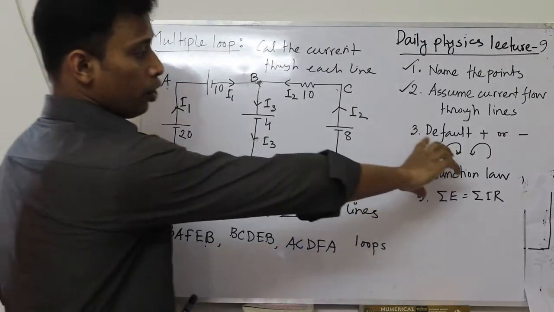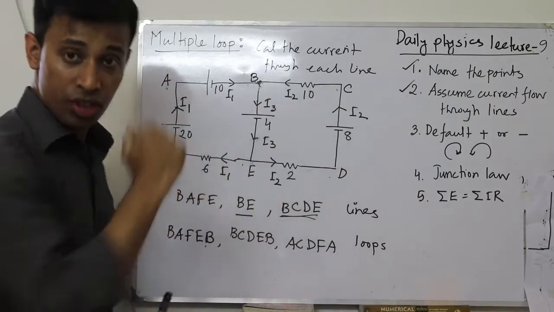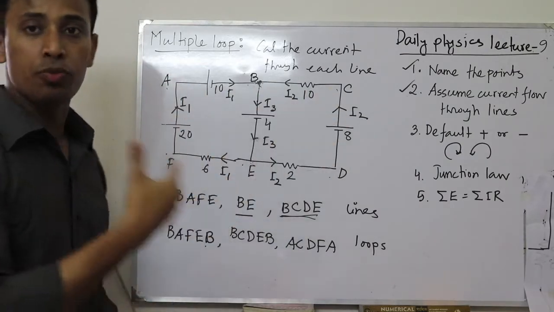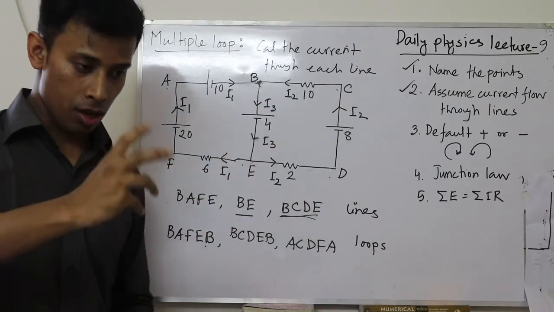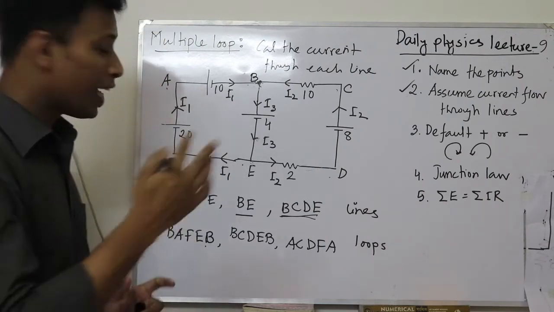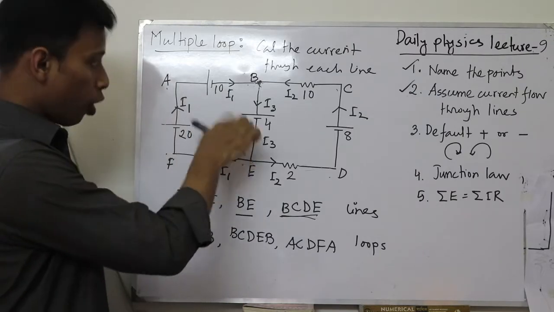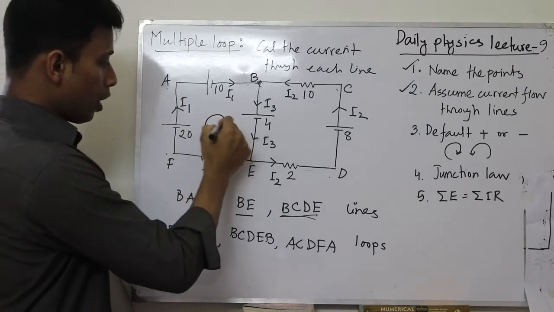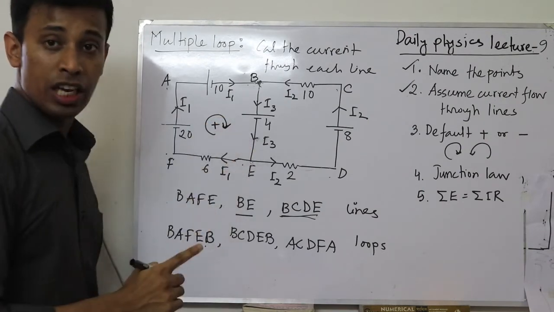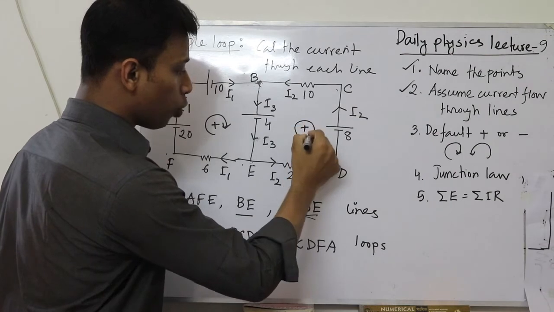So here, default positive, we have these 2 loops and this whole 3rd loop. So let's assume a direction as positive, either clockwise or anti-clockwise. Let's assume clockwise is positive. In this small loop, I assume clockwise as positive, and for this loop I also assume clockwise as positive.